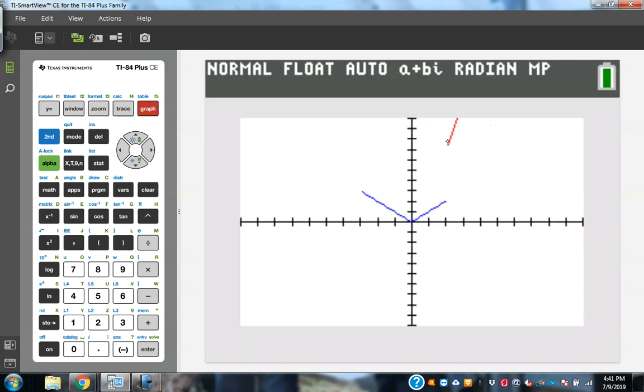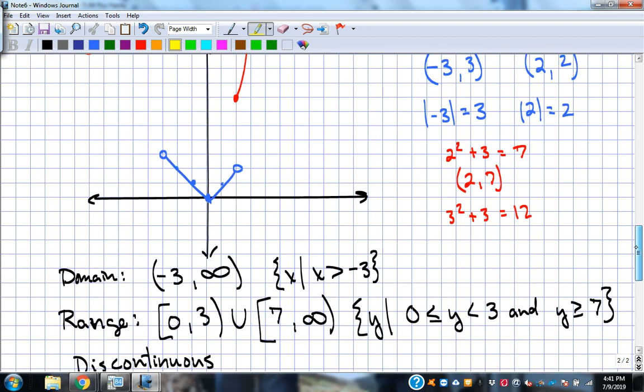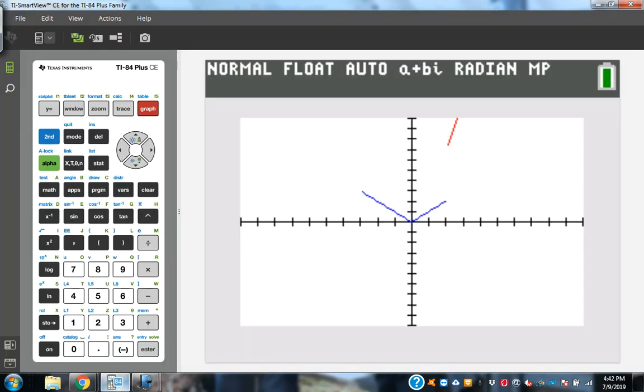Graph. And I'm only going to see a small portion of that, just like I only saw a small portion of it in my hand-drawn picture too. But I get the idea of what's going on with the graph. If I wanted to zoom out and see a little bit more of that curve, I could, but there's really not any use in that for this problem.